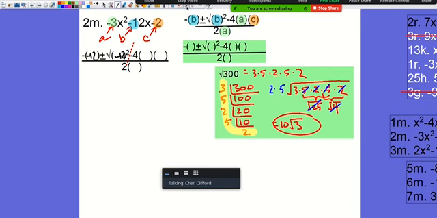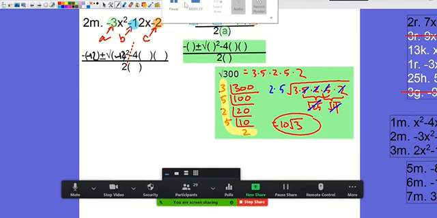Let me write that negative 12 a little better. That's going to be your blue highlight.